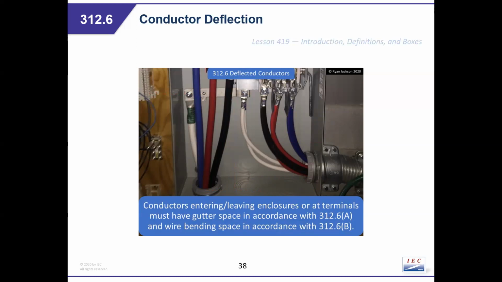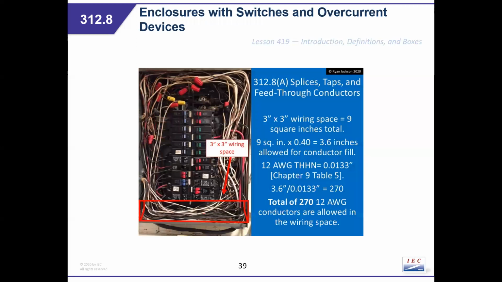Deflected conductors, conductors entering or leaving enclosures or at terminals, must have gutter space in accordance with 312.6a and wire bending space in accordance with 312.6b. And I'm sure that James is going to open this up and look at it a little bit more in depth as we get through this. Okay. So now, enclosures with switches and overcurrent devices.